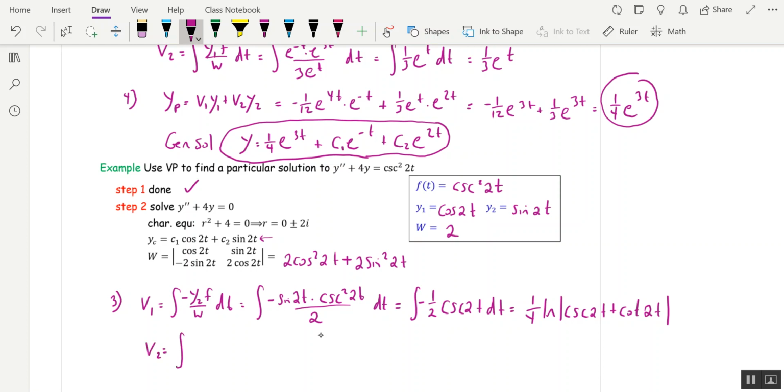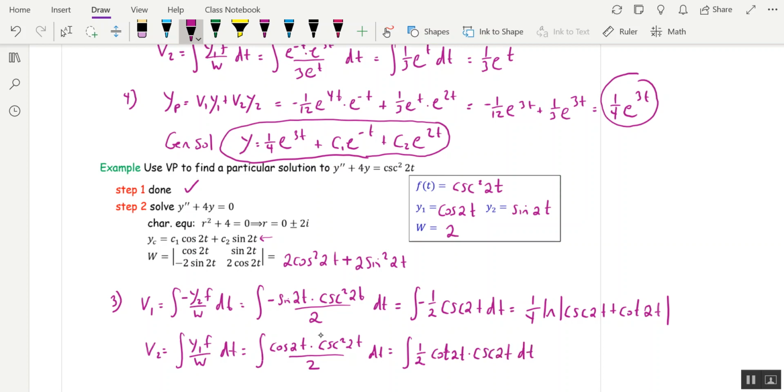v2 is the integral of y1 f over W. So that's the integral of cos 2t times f, which is cosecant squared 2t over 2 dt, which is the integral of 1/2, and I can write this as cotangent 2t times cosecant 2t.